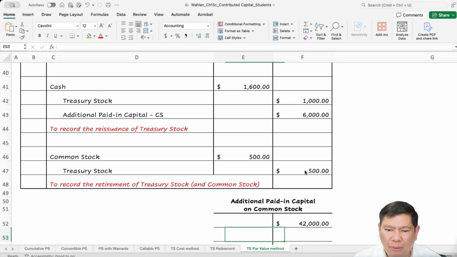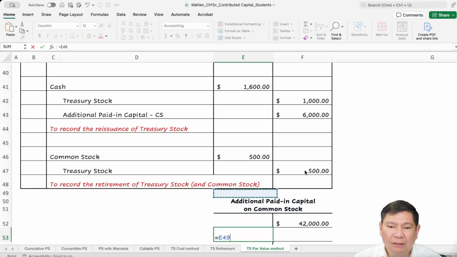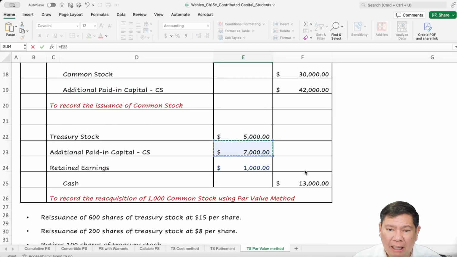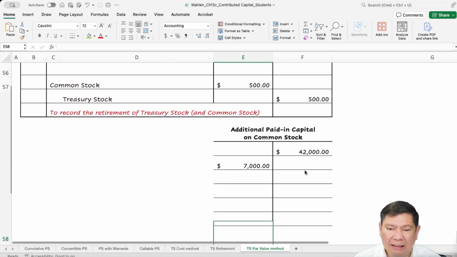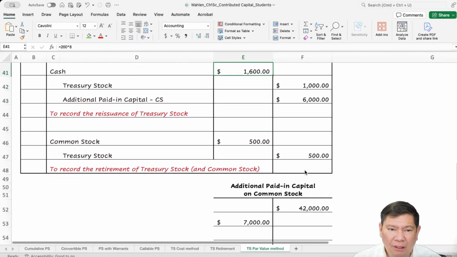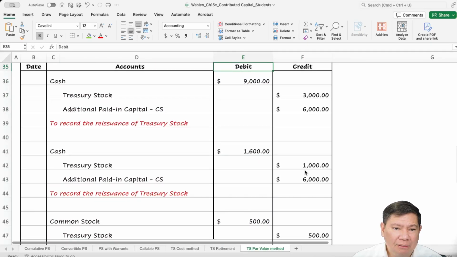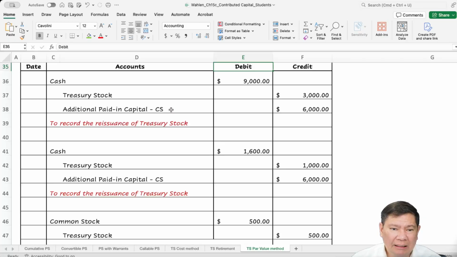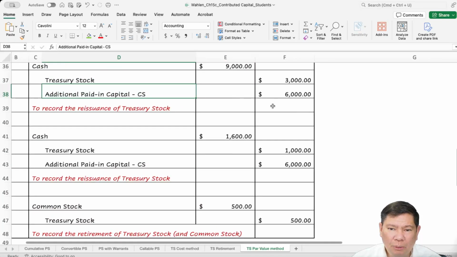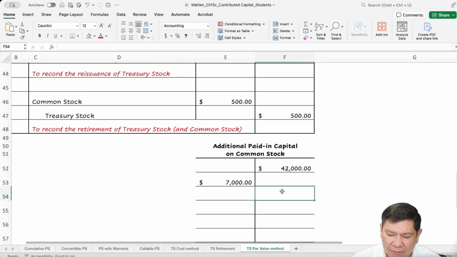Okay, and then when we purchase the treasury stock, we put additional paid-in capital on debit for $7,000. And then for the first treasury stock transaction selling 600 shares, we put on credit $6,000.